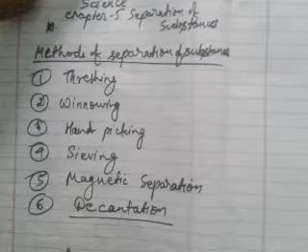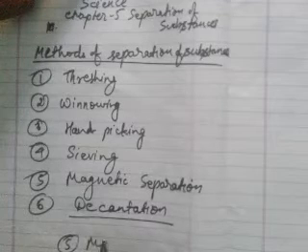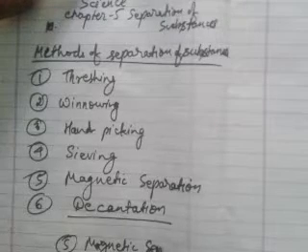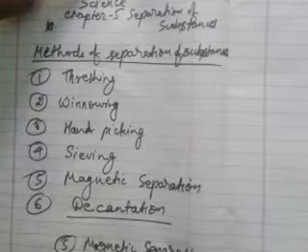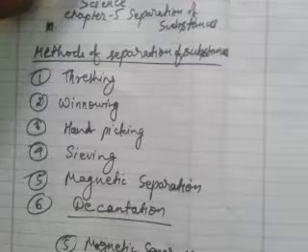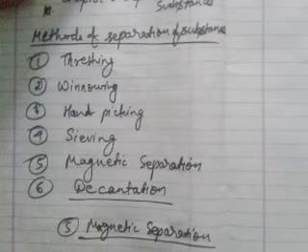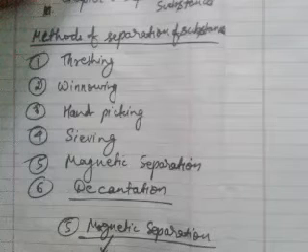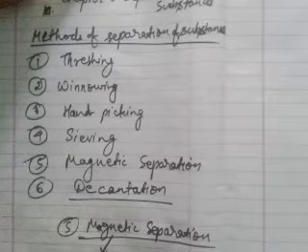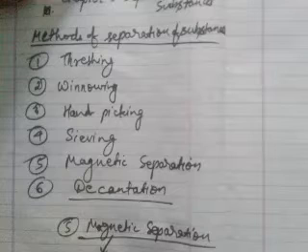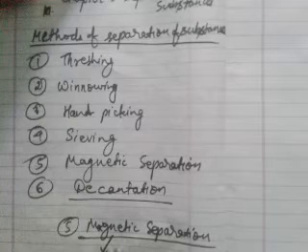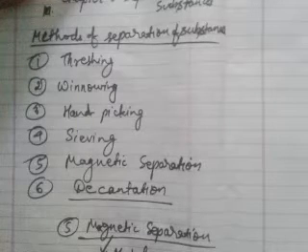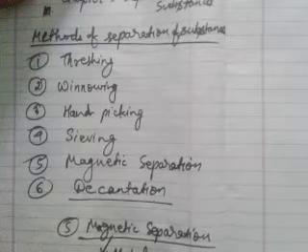Okay, so now begin with the new method, magnetic separation. As the name suggests, this method is applicable for magnetic materials, meaning the materials which can attract metals.